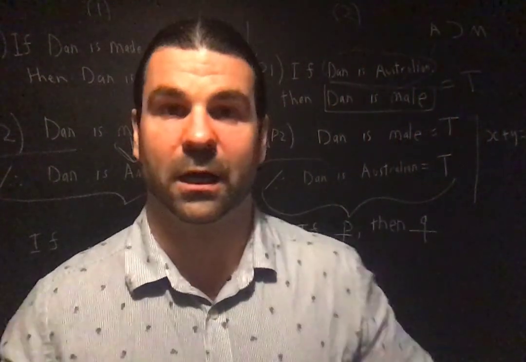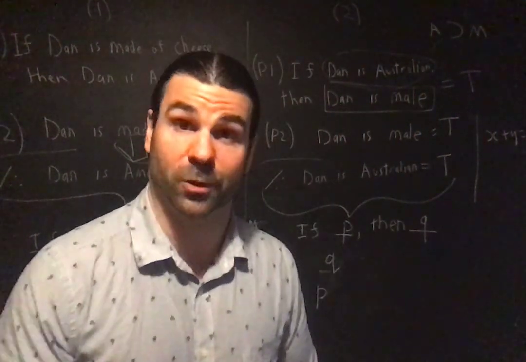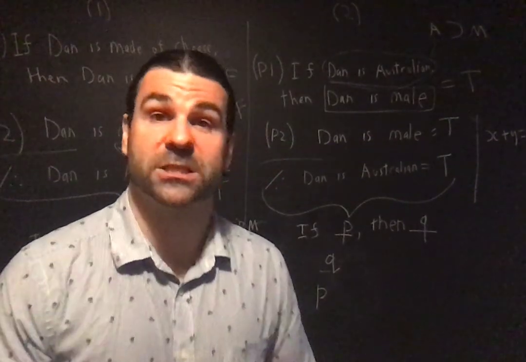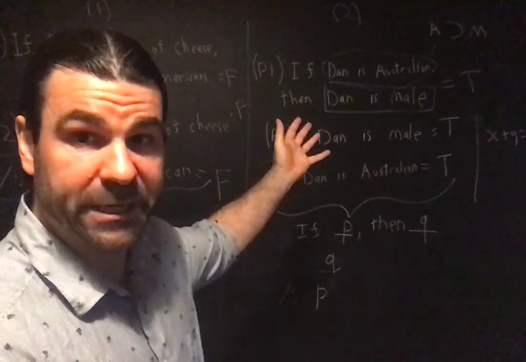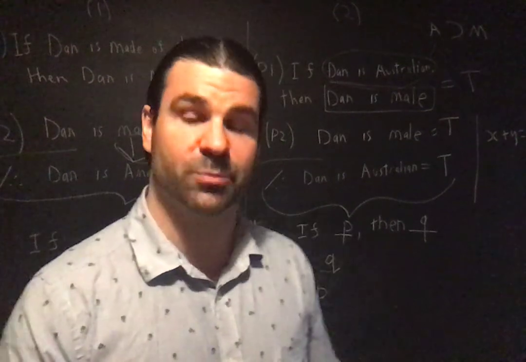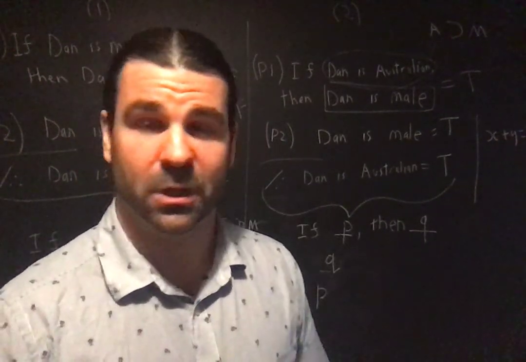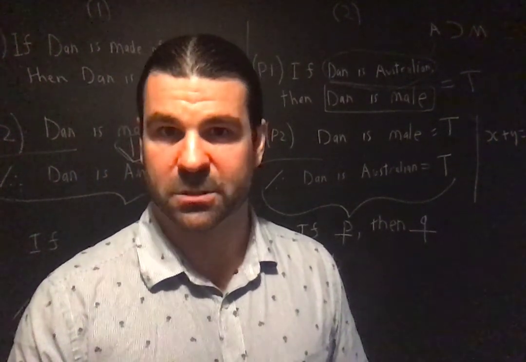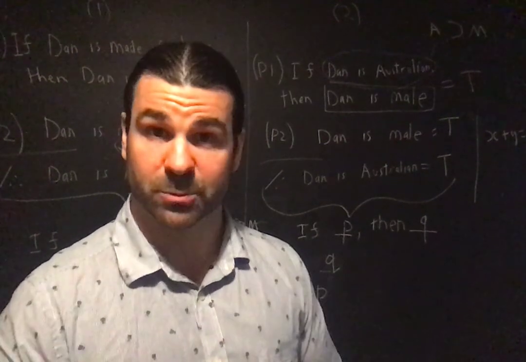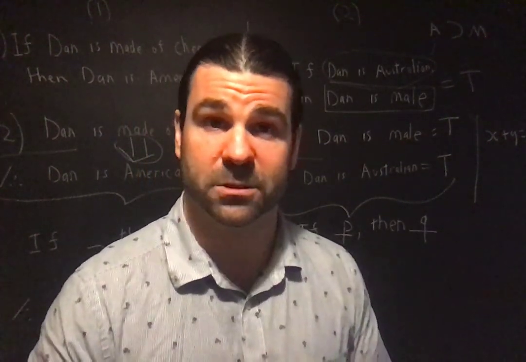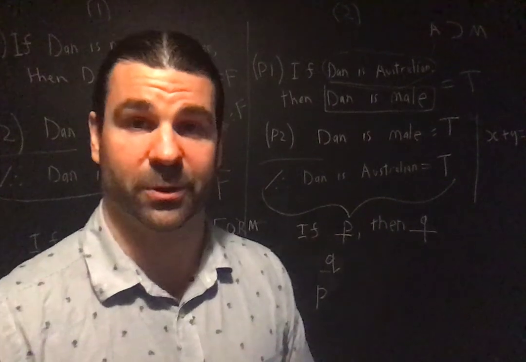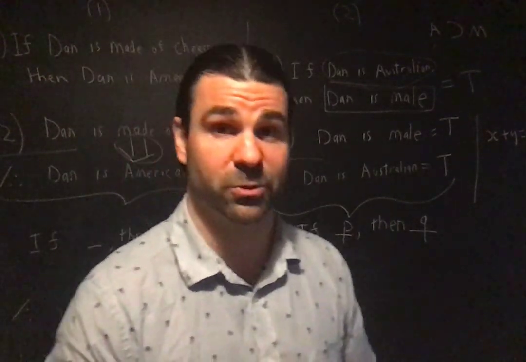But let's sum up where we've gotten to in the quest to explain why 1 is an invalid argument. Its premises are true, its conclusion is true. Why is this a bad argument? Well, because it is possible for the premises to be true and the conclusion false. It's not necessary for the premises to be true and the conclusion also to be true. What does that mean?